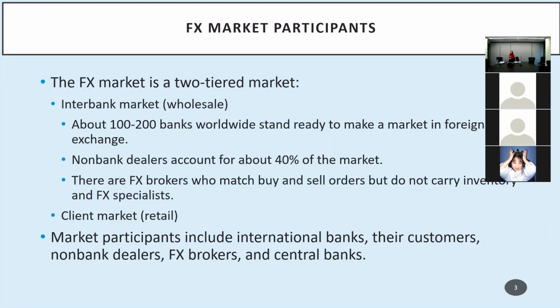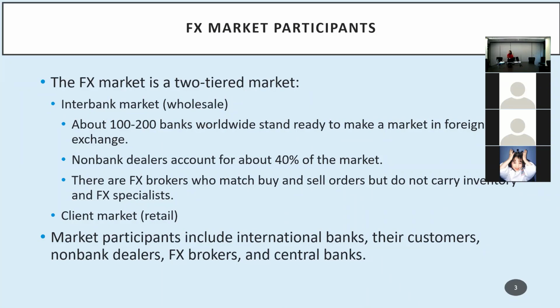As we mentioned before, with the wholesale market, we have institutional participants like banks, big corporations, dealers, and also brokers. Brokers are the ones that help their clients to find the best prices in the market. We also have central banks in this market.